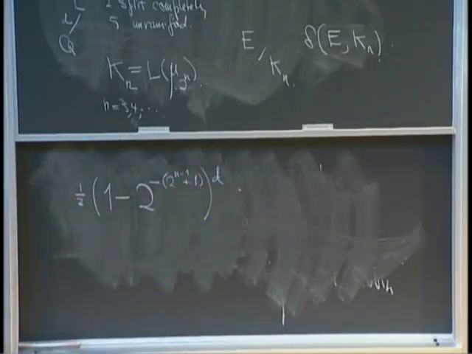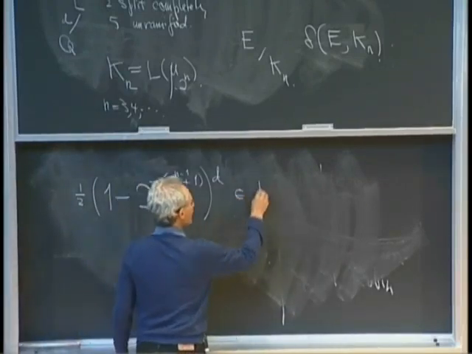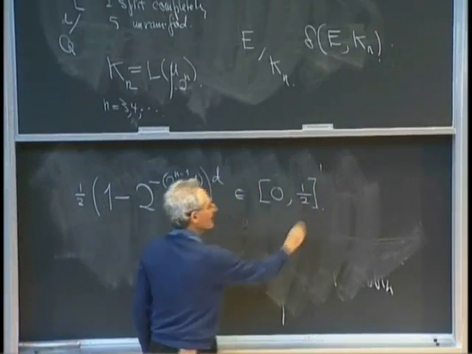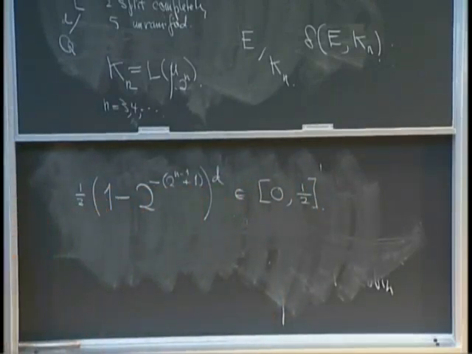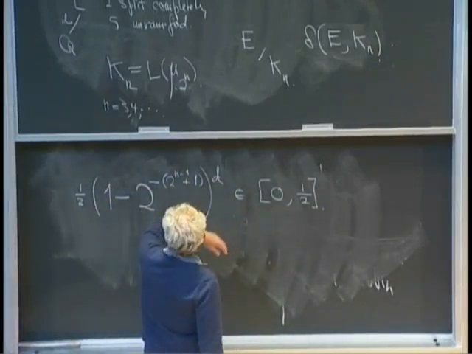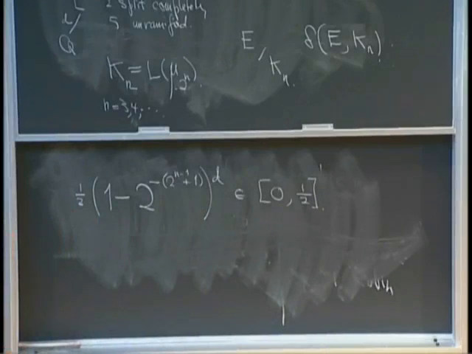So that's a hefty collection of numbers in (0, 1/2). It's even dense. It's dense.